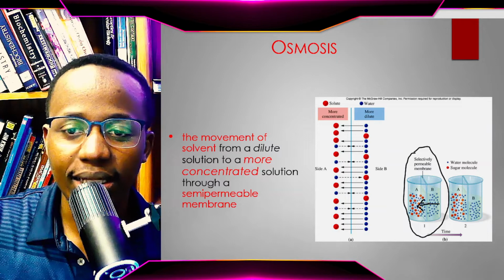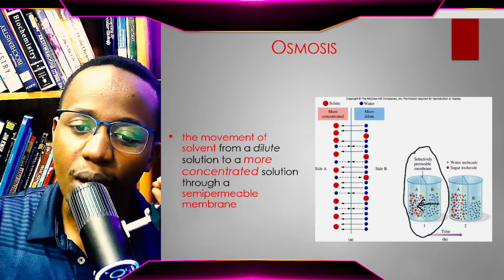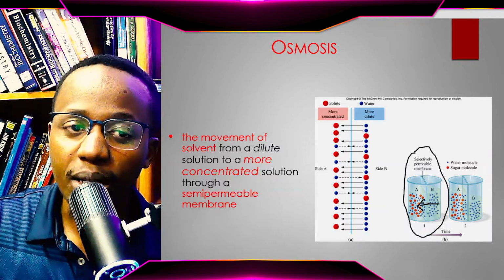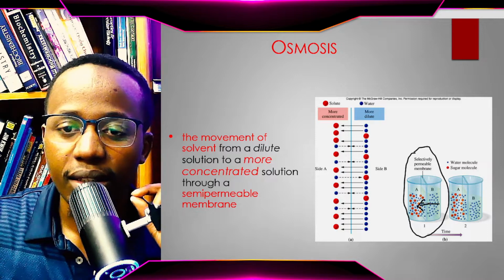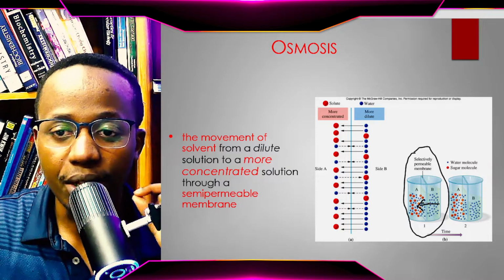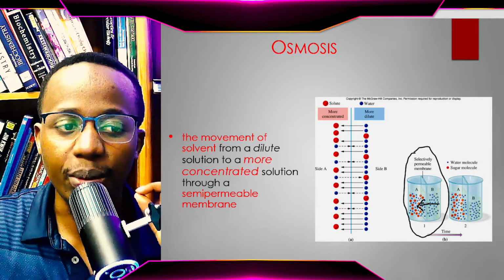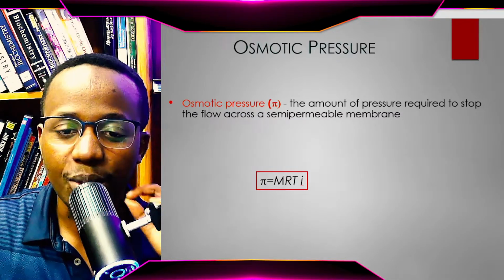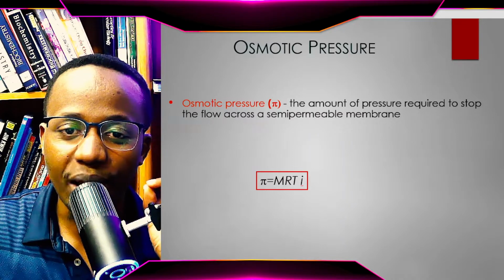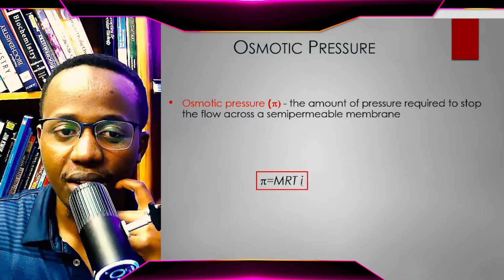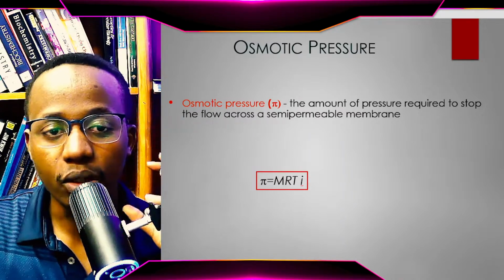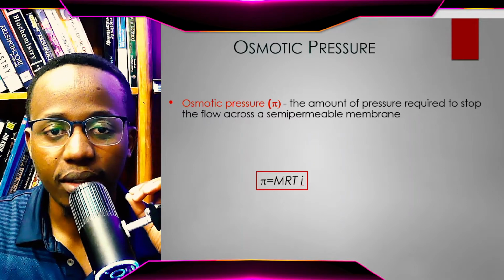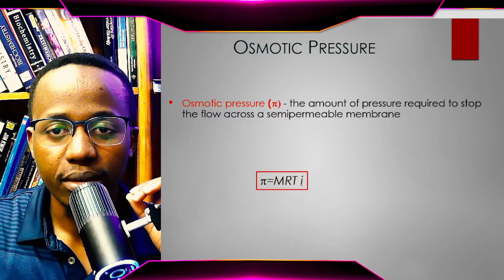So osmosis has three things. Why are we talking about this? We're talking about this because this requires pressure. And this pressure, we call it osmotic pressure. And guess what? This pressure depends on the concentration, or otherwise the amount of solute that we have. Right?